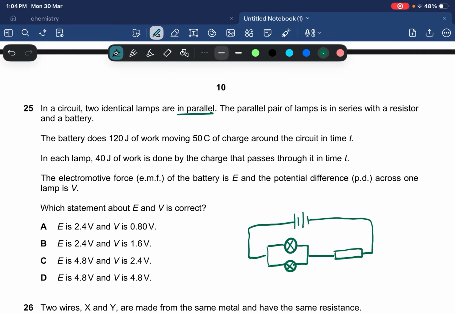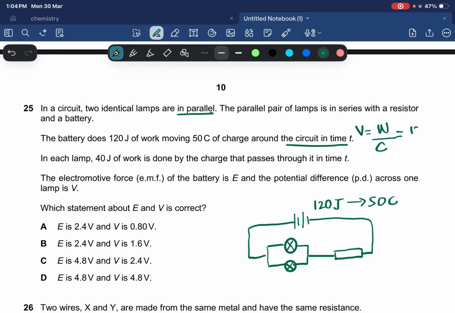The battery does 120 joules of work, moving 50 coulombs of charge around the circuit in time t. So it's doing 120 joules of work, moving 50 coulombs of charge. So work done per unit charge, that is the EMF of the battery. You know that the formula for voltage is work done per unit charge.